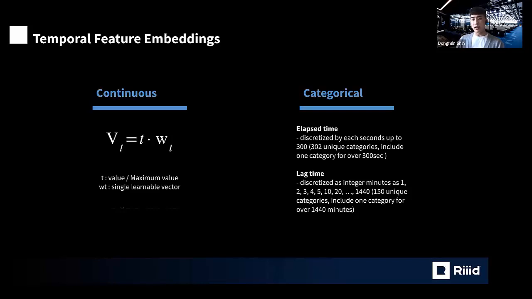And then lag time is discretized as integer minutes as 1, 2, 3, 4, 5, and 10, 20, etc., up to 1,440, and there will be 150 unique categories for this, including one category for over the maximum value. And actually, these rules were determined through feature engineering based on the performance of the model.